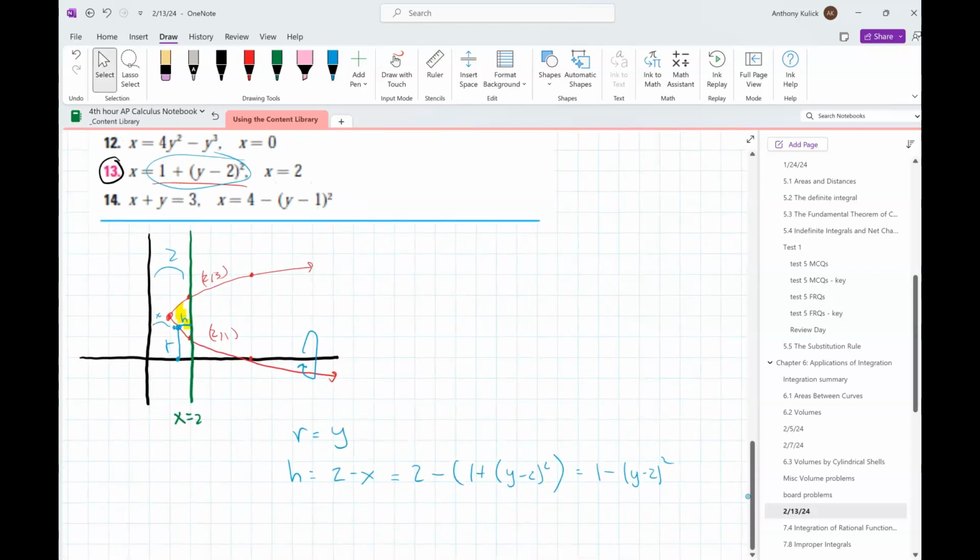Okay. So our volume then is going to be the integral from 1 to 3, because we're integrating with respect to y, of 2 pi y times (1 minus (y minus 2) squared) dy.